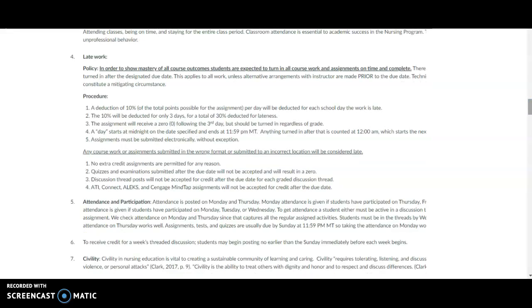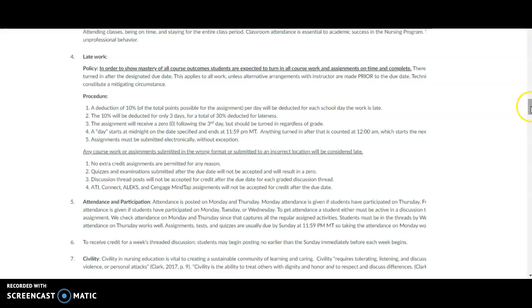So if it is an assignment, you know that it is due on Sunday evening, 11:59 Mountain Time. If it is turned in anytime after that for up to 3 days, you will receive a 10% grade reduction each day. So the first day would be 10%, the second day would be 20%, and the third day would be 30%, and after that you would receive a 0 for the assignment.